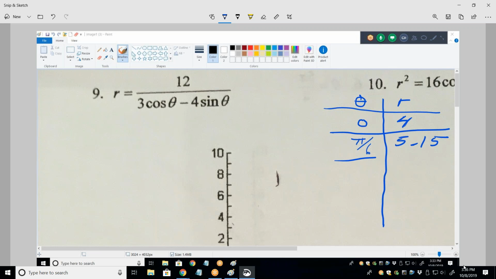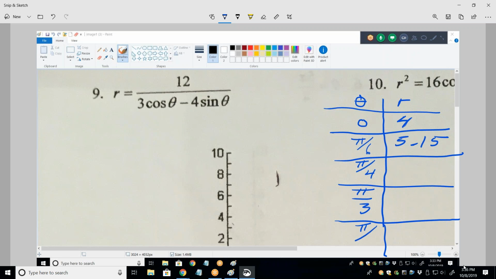And how about pi over 4? And then pi over 3, and then pi over 2. Let's go through one full quadrant. All right. Pi over 4 shouldn't be too bad because both cosine and sine are root 2 over 2.